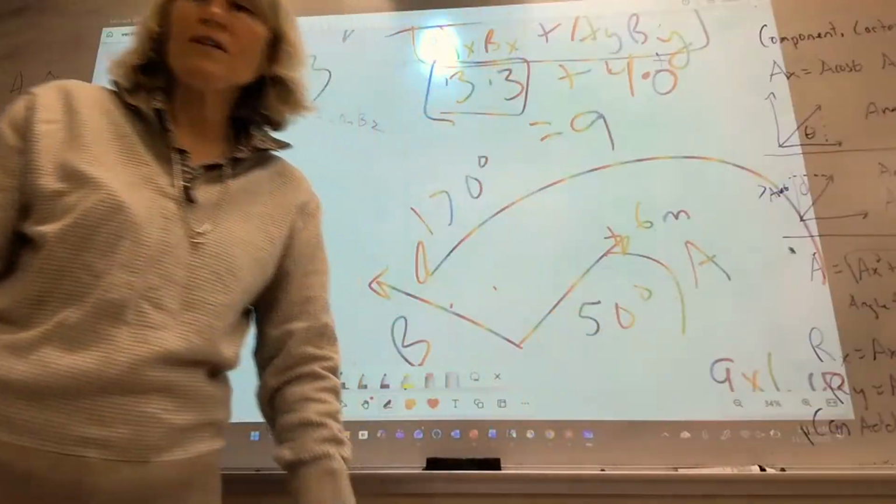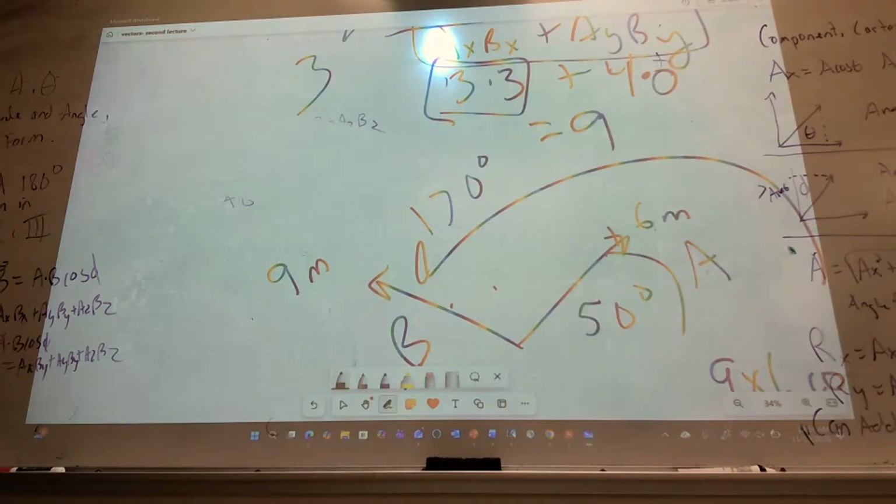Then you get your components and you multiply the components together and add them. Okay, so you're going 9 times 6.